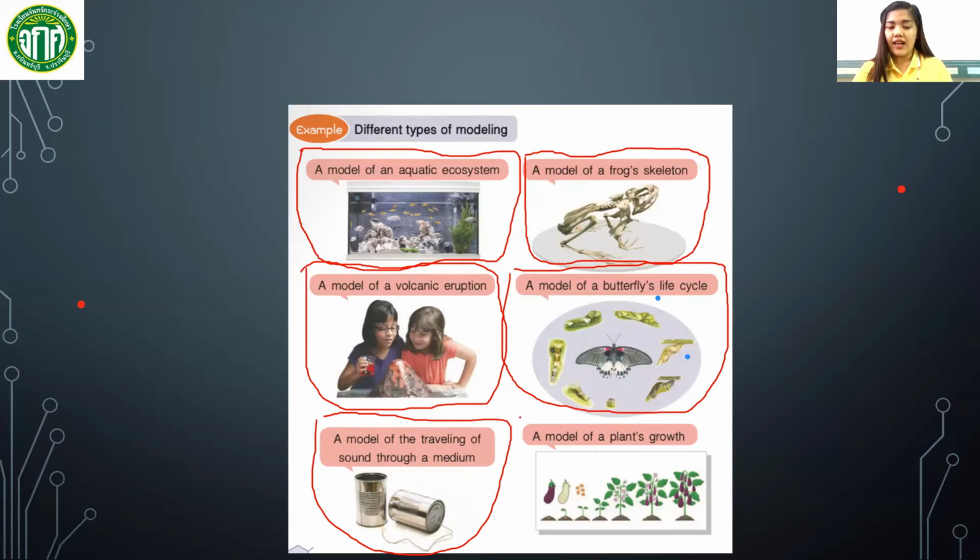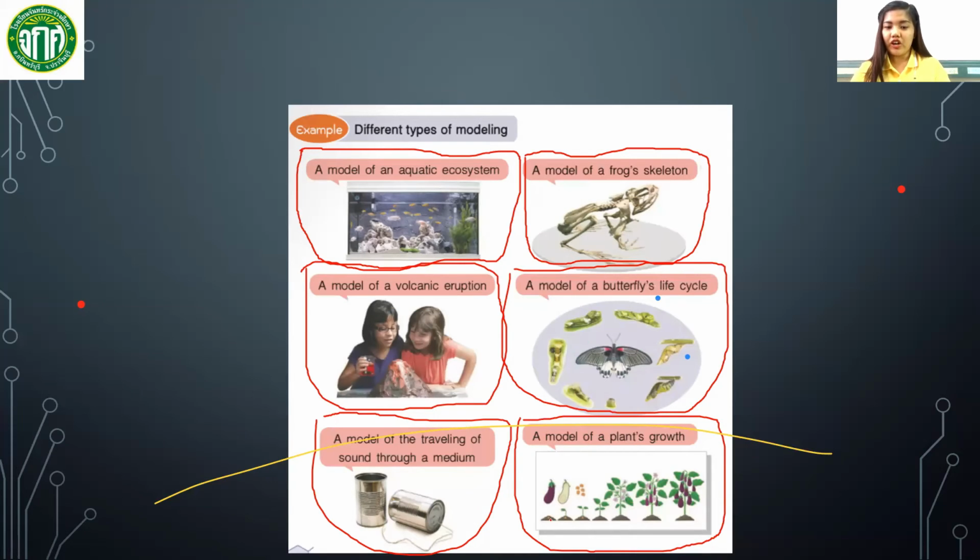Okay, and the last one, we have a model of plants growth. Okay, you cannot write here in our screen. So the last one, we have a model of plants growth.